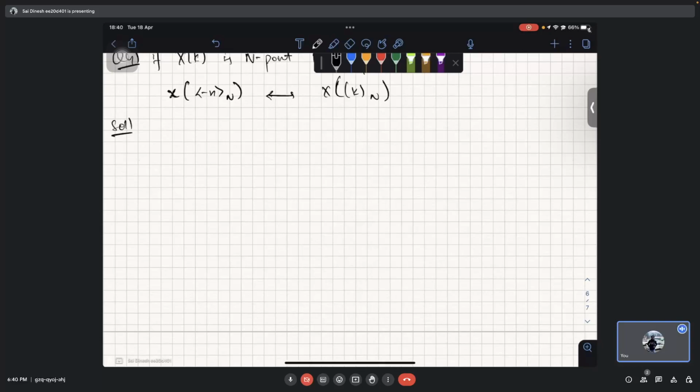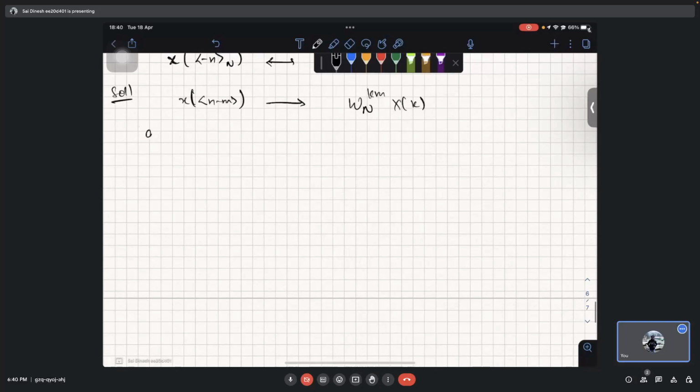Now we have seen that x of n minus m has W_N to the power km times X of k, right? So we apply a change of variables and verify.